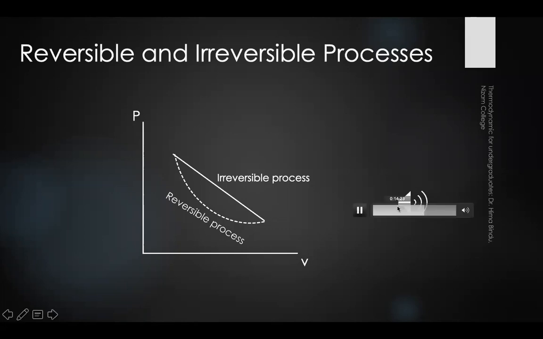During the irreversible process, the various states of the system on the path of change from initial state to final state are not in equilibrium with each other. The entropy of the system increases decisively and it cannot be reduced back to its initial value.